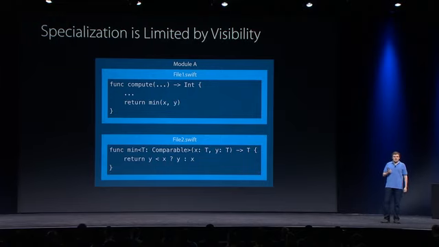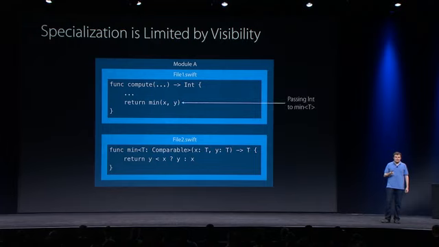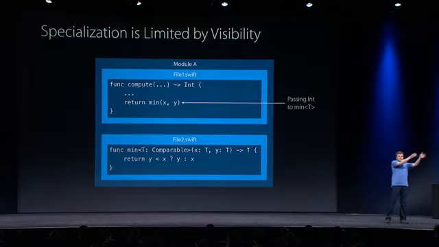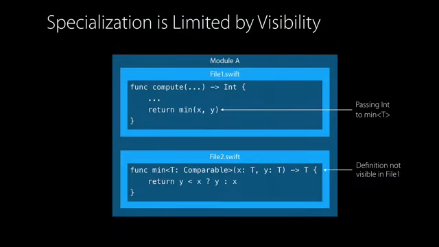Well, even though the compiler can see that 2 integers are being passed to the generic min_t function, because we're compiling file1.swift and file2.swift separately, the definitions of functions from file2 are not visible to the compiler when it is compiling file1. So, the compiler cannot see the definition of the generic min_t function when it's compiling file1, and so we must call the generic min_t function.